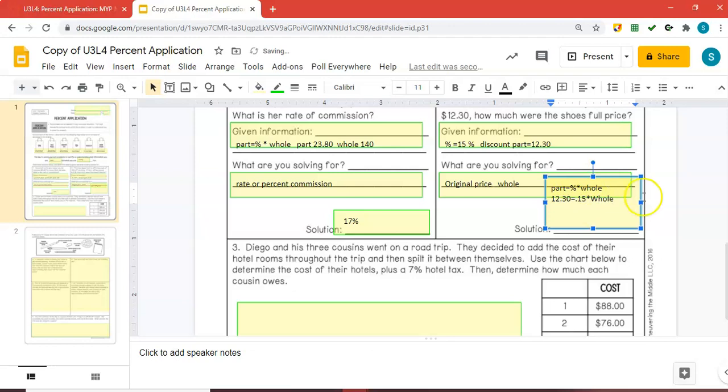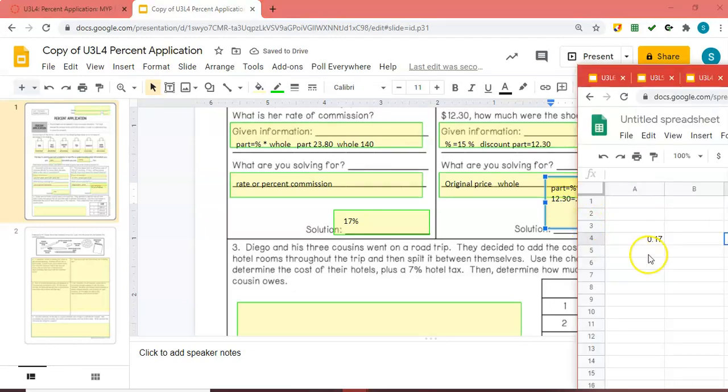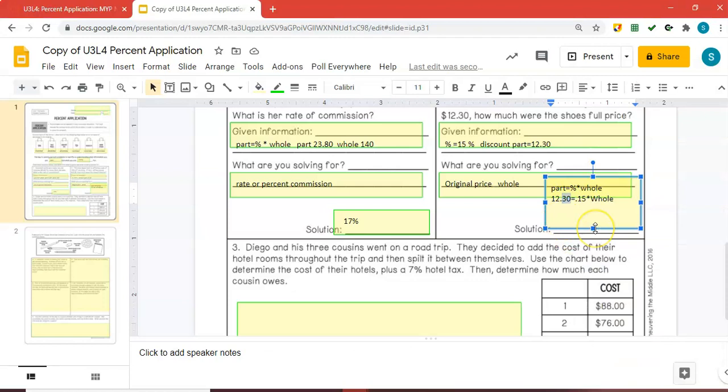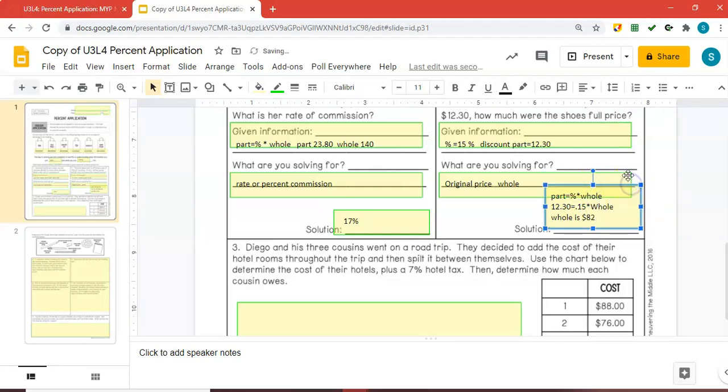So let's divide $12.30 by that 0.15, and that means the original price was $82. So our whole is $82. Now I'm going to shrink that down a bit so it looks a little bit better, and maybe move this one out of the way.